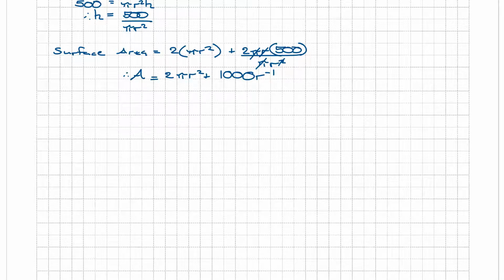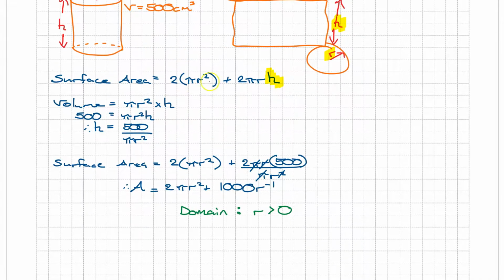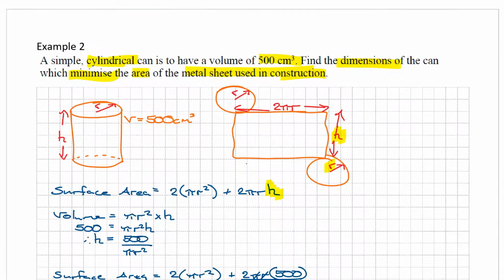Now, consider the domain of this particular function. The radius itself can't be a negative number. So what we're going to find is that the domain is going to be such that r is greater than 0. There might be an upper limit of the domain, but we'll just leave it off for now.